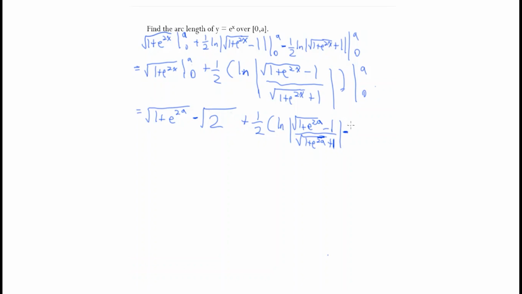So subtract that from ln, natural log, of the absolute value of, well, e to the 2 multiplied by 0 is just 0. So everything here, once we replace the e with the 0, is just 2, because it's 1 plus 1. To the 0 is 1. So we just have the square root of 2 negative 1 all over the square root of 2 plus 1, absolute value, and all this is multiplied by 1/2.